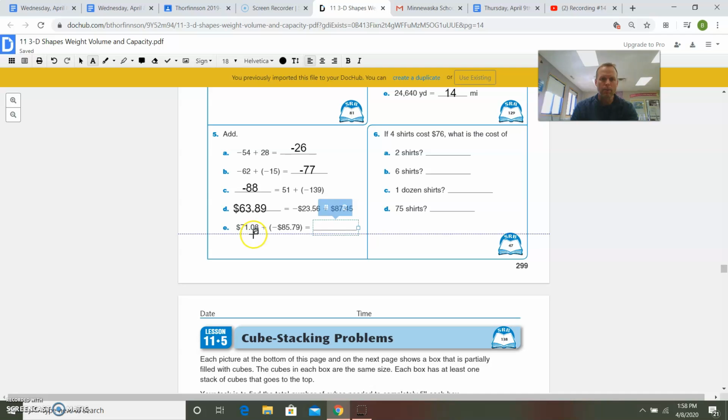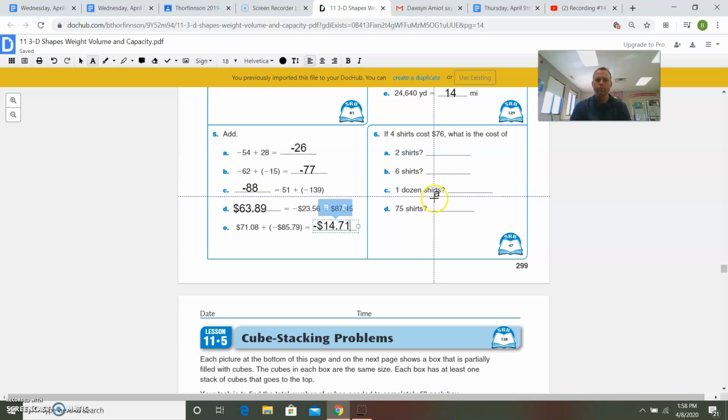You'd start at the positives, face the positives, but walk backwards. So you find the difference in those two, and it's a negative $14.71.